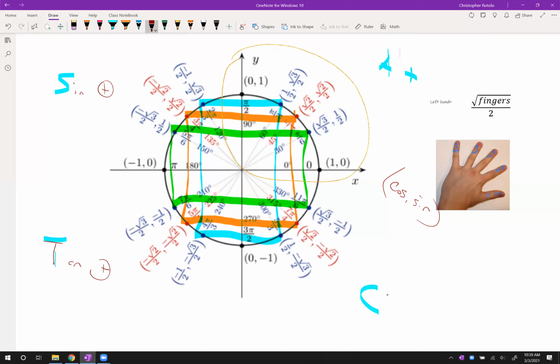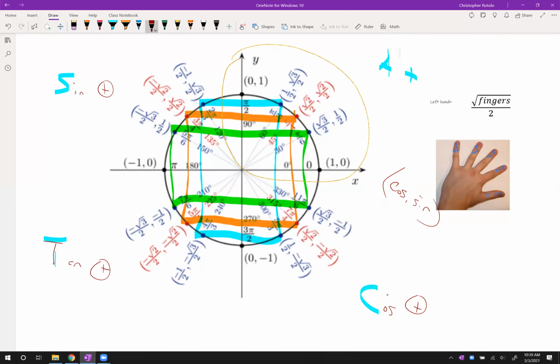So tangent's going to be positive. Why is that? Because both sine and cosine are both negative, right? So the ratio of them, the y's over the x's, so sine over cosine, negative over a negative is going to be positive. And then the last one is, of course, the cosine, which is your x values again. Okay, so x value is positive. So that helps us identify what's going to be where.